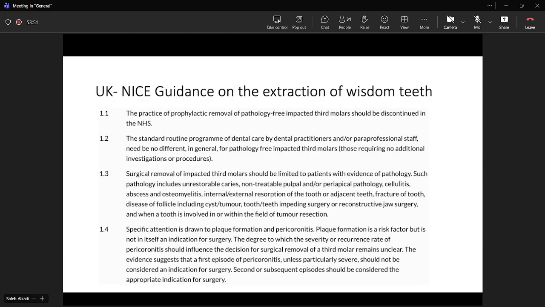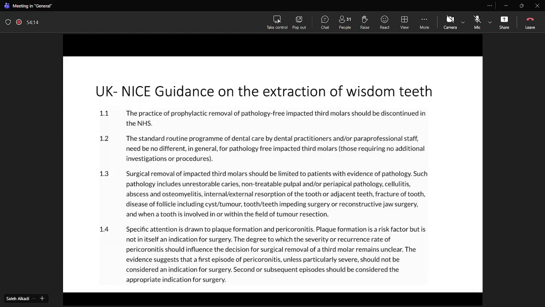These guidelines stopped the practice of prophylactic removal of pathology-free impacted third molars in the UK by NHS doctors. They say that the routine practice of removing pathology-free impacted third molars should be discontinued.